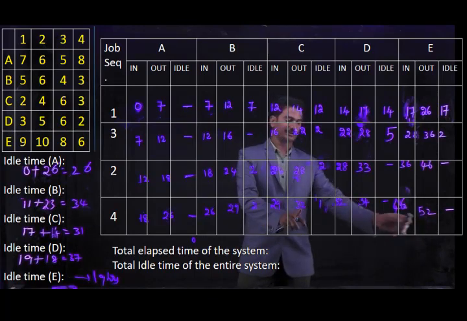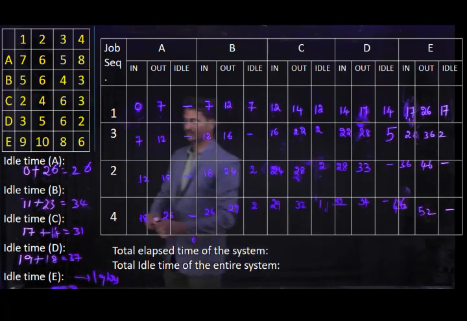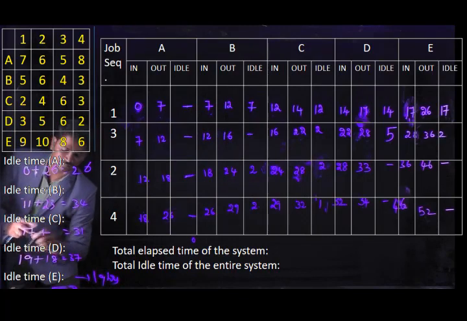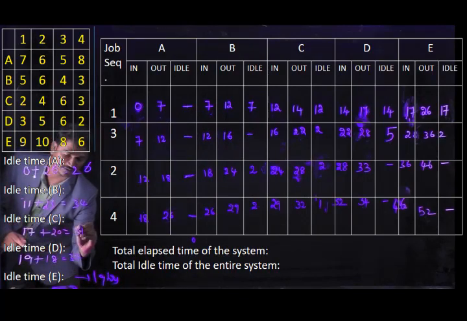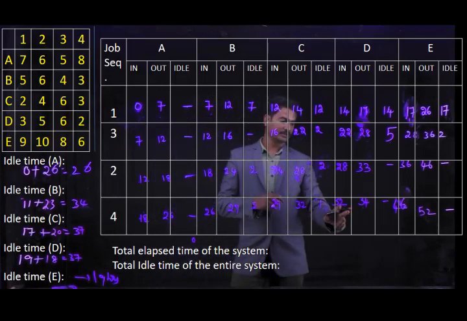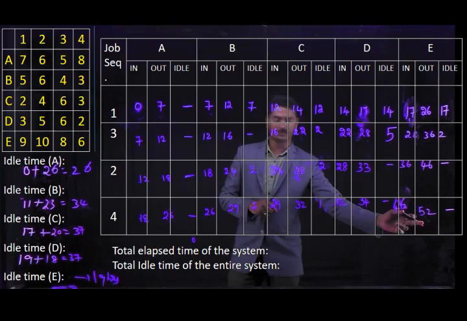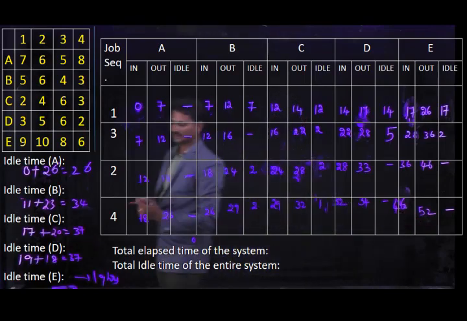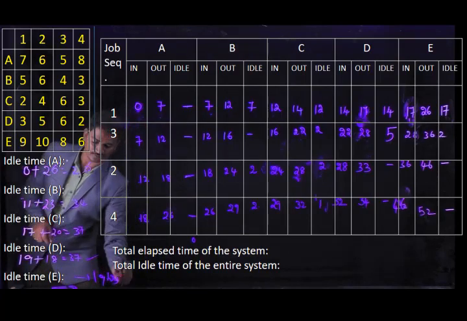Next, coming to this 32 minus 52, 20, and the total is 37. Next, coming to this, 34 minus 52 we have to take. 34 minus 52 means 6 plus 12, 18, it is okay. So these are the idle times.